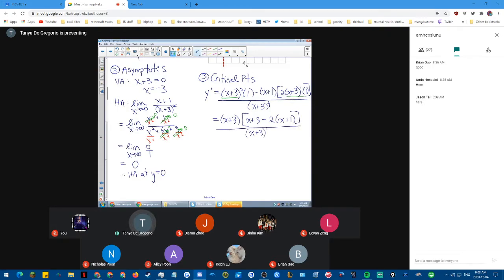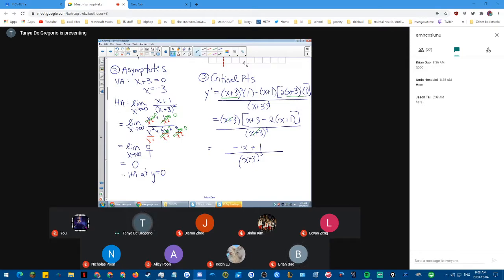And now I use my exponent laws to see that my denominator becomes x plus 3 to the 3. And in my numerator, I've got x plus 3 minus 2x minus 2. What does it clean up to? Negative x, and then plus 1.